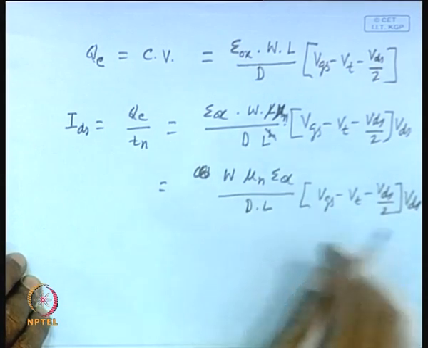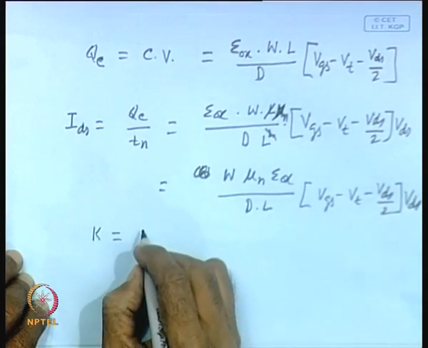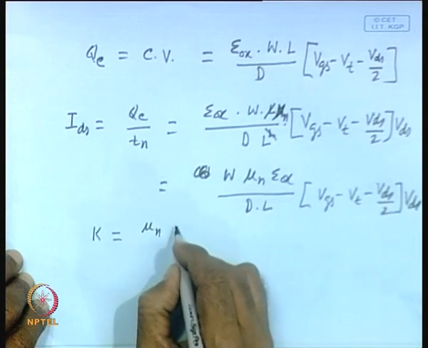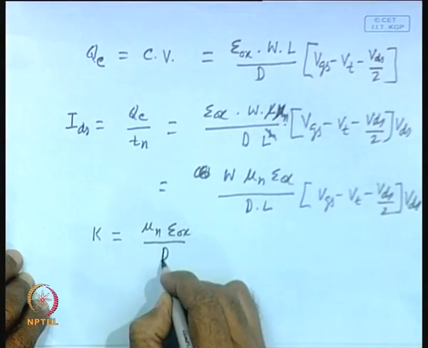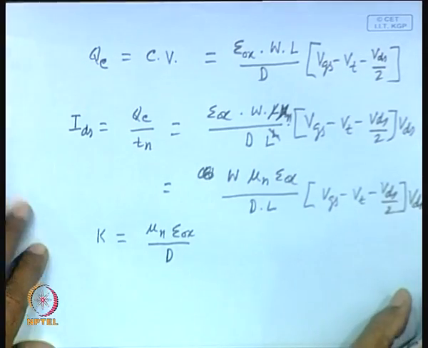Now, you can express it in terms of two other important parameters. One is known as K. K is a constant which depends on the fabrication. We can express this current in terms of K, which is equal to mu n epsilon O x by D. When you fabricate, these three parameters are usually kept constant.